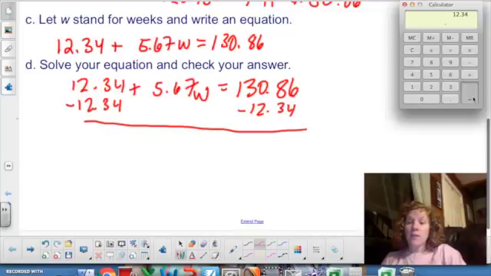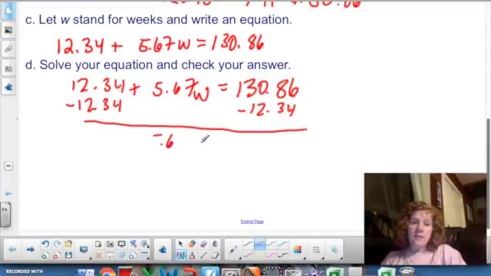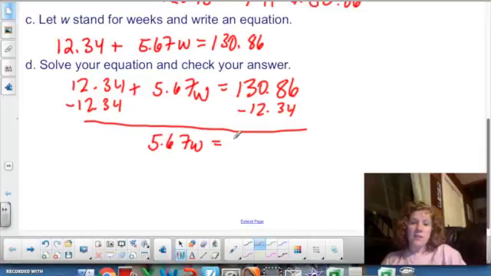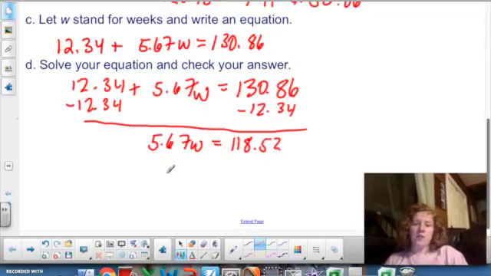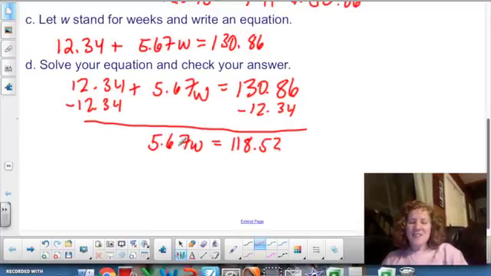So 12.34, that leaves me on this side with 5.67W. On this side, we got $118.52. And obviously, you don't have to use your calculator for that if you want to just do it by hand, but I don't want to make a mistake on a video. That would be embarrassing.